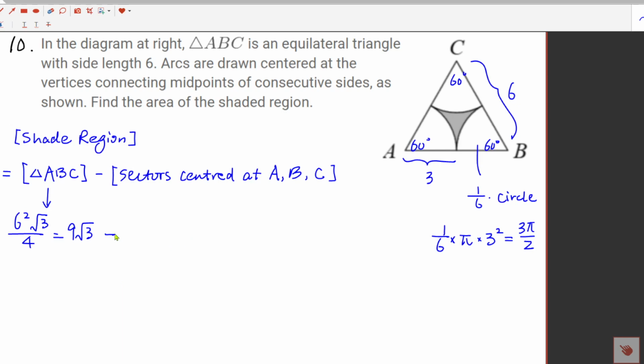Therefore, we should use 3 times 3 pi over 2 here. And this gives us 9 square root 3 subtracted by 9 pi over 2. That's the area of the shaded region, right? Do you have any questions?